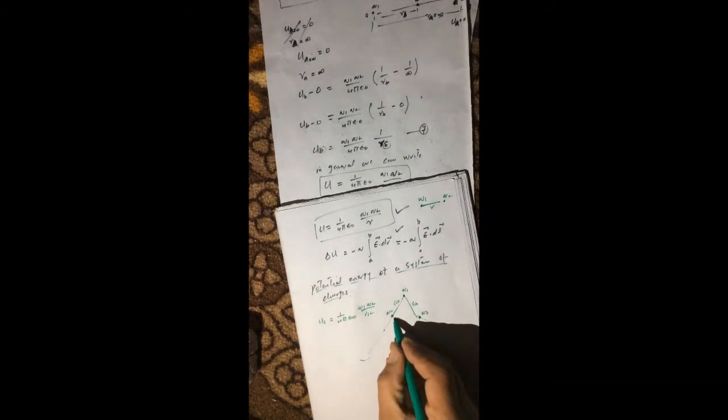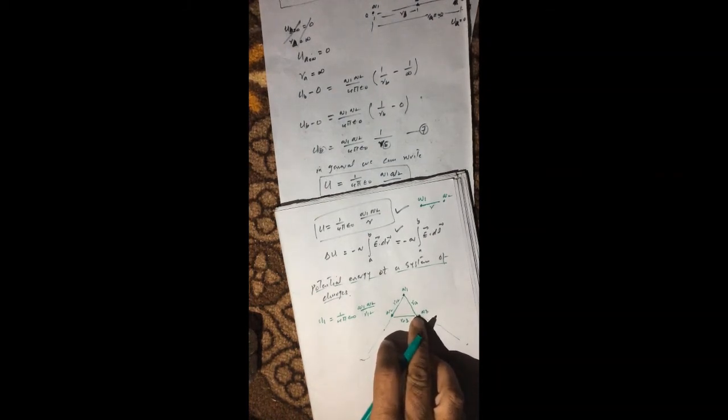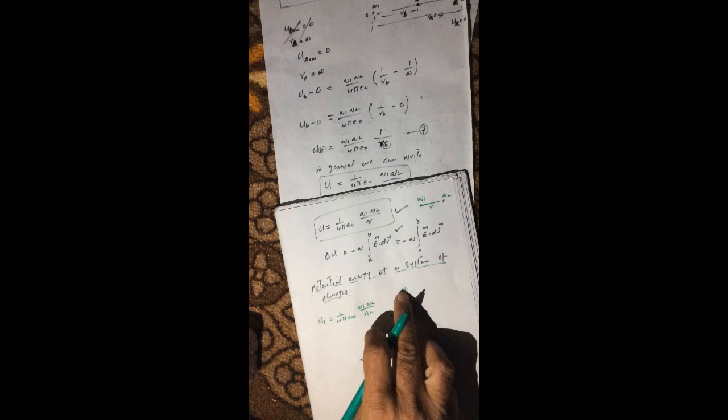Now there are two charges here, so the distance between q1 and q3 is r13, and the distance between q2 and q3 is r23. So if I bring this charge q3 from infinity to this point, then we have two potentials now. One is from charge q1 and the other is from charge q2.